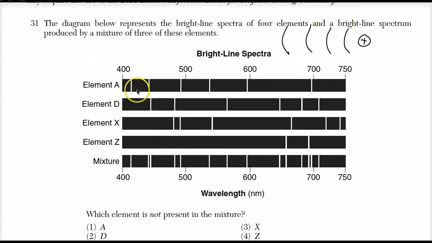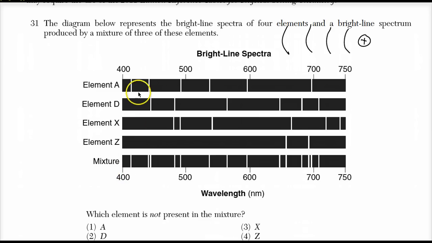So element A has these lines that represent the different leaps backwards, and D has these lines. So if you've got a mixture of these elements or some of these elements listed, you should know that they were going to retain, and mixtures always retain their individual properties unless they bond. So a mixture of the elements or compounds are always going to have their own individual properties still holding on because they haven't changed.